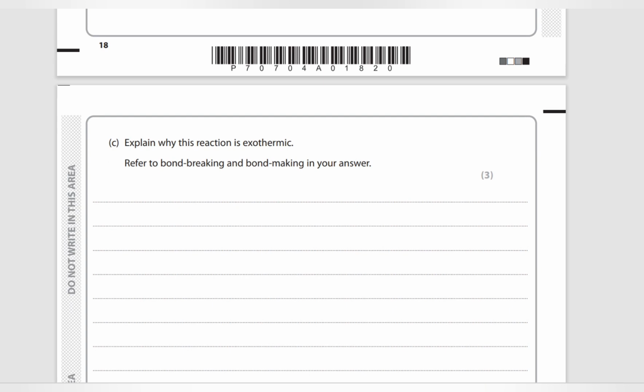Moving to 7c, explain why this reaction is exothermic. Refer to bond breaking and bond making in your answer. Any reaction is exothermic whenever the energy released in bond making is greater than the energy needed for bond breaking.